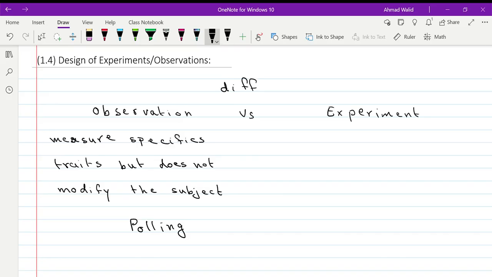What is the difference now with experiment? I will first put a small definition. Apply a treatment and then measure the effect on the subject.